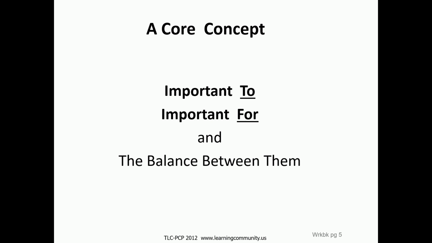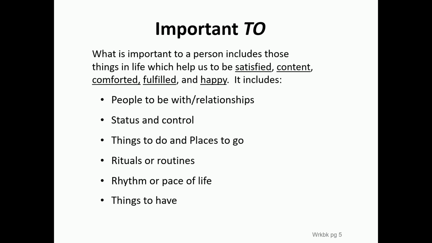Like we talked about on day 1, the core concept that we're focusing on in person-centered planning is the idea of important to and important for and the balance between them. What is important to a person includes those things in life which can help us be satisfied, content, comforted, fulfilled, and happy.